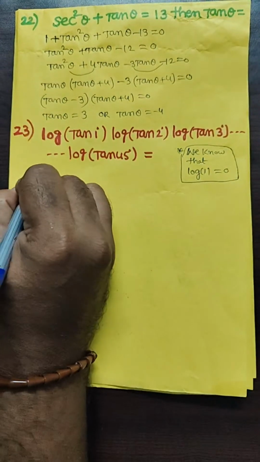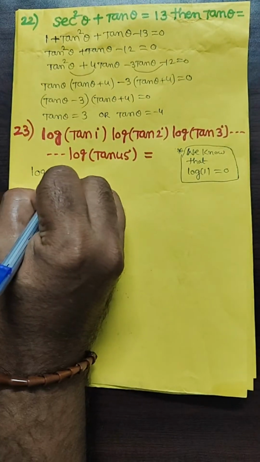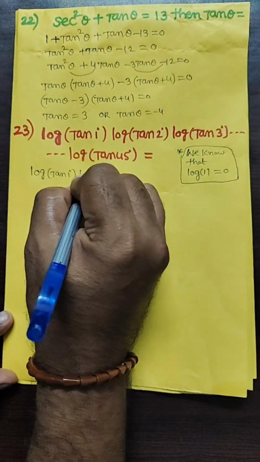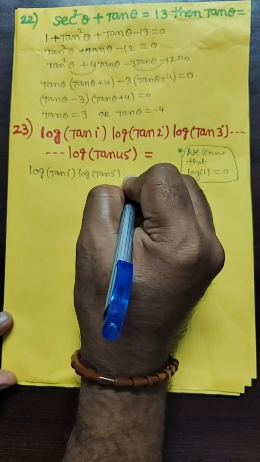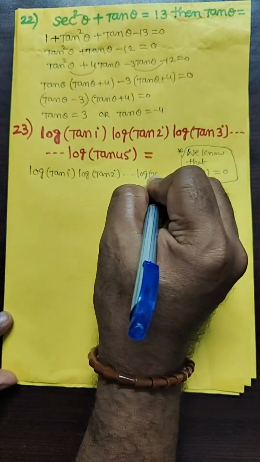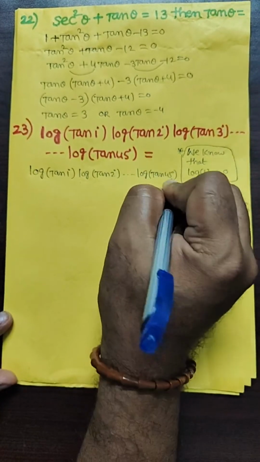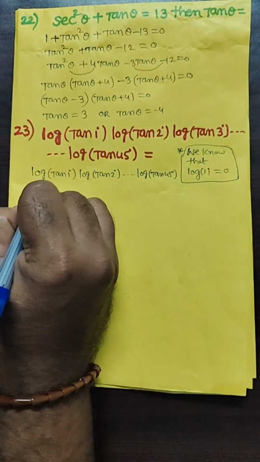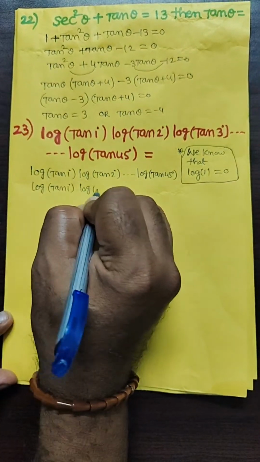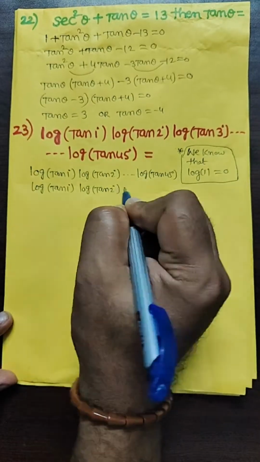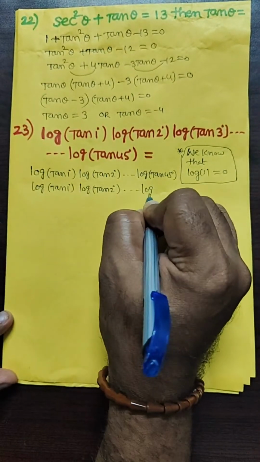So here the question is log of tan 1 into log of tan 2 and so on, log of tan 45. Tan 45 value is 1, no? So indirectly log tan 1 into log tan 2 into and so on, log 1.